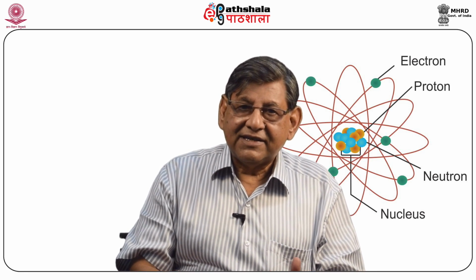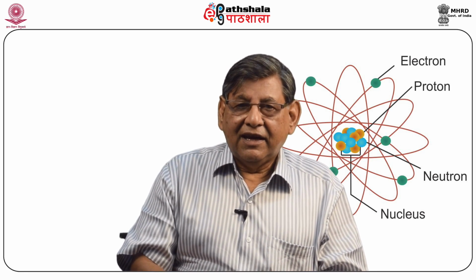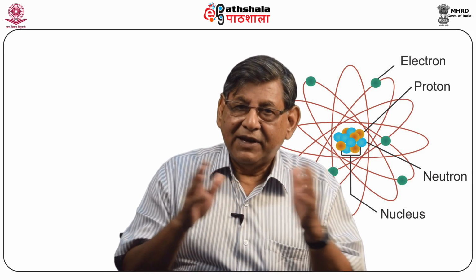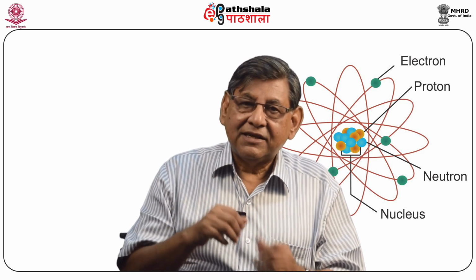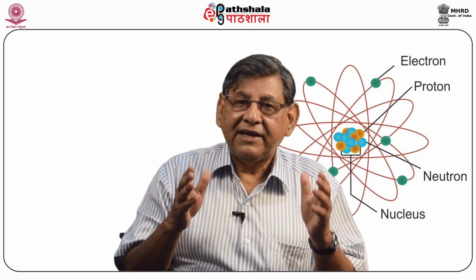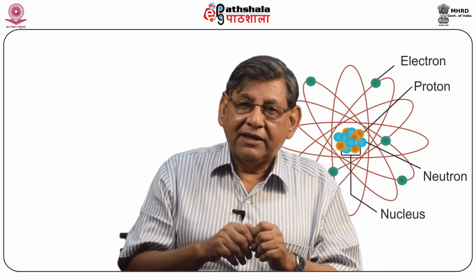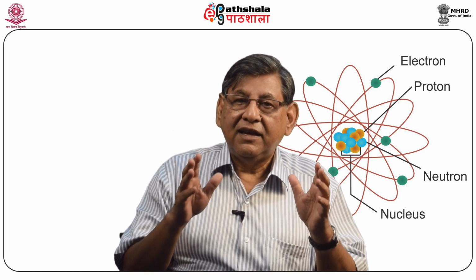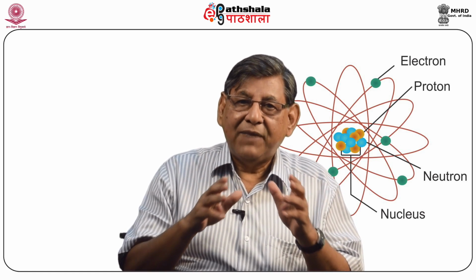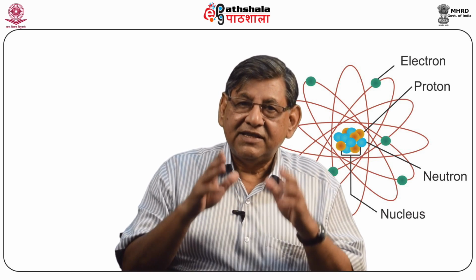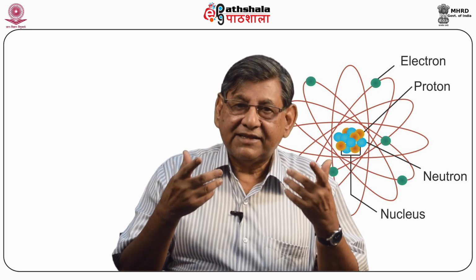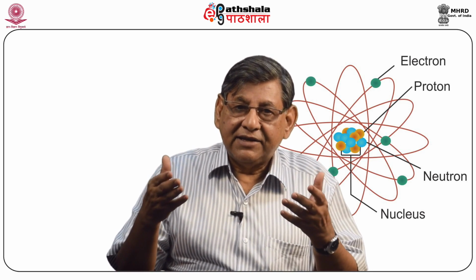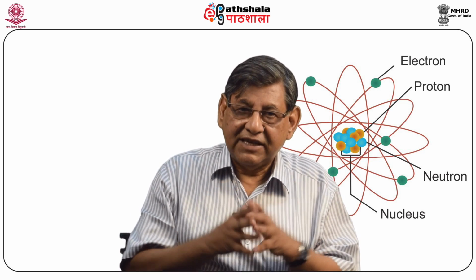That is purely classical, and with that, Bohr added a very fundamental postulate, that in any given orbit, the angular momentum of the electron must be an integral multiple of Planck's constant. This is exactly where quantum mechanics comes in, and this leads to the discrete energy levels of the atom, as we have seen.